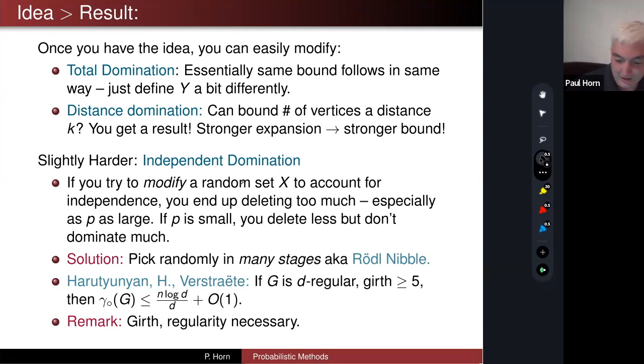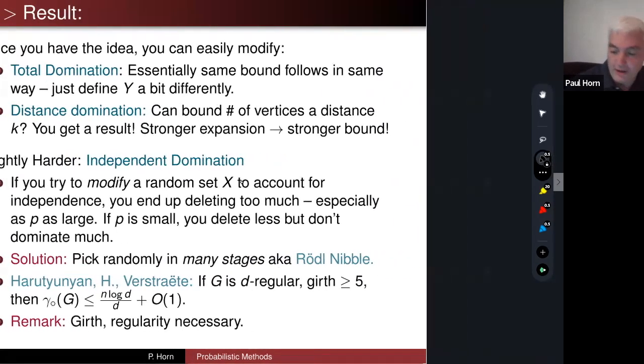So hiding under the surface here, there are a lot of other results. But nonetheless, this really simple mantra can be used to do quite a bit. And we'll see maybe another example or two in the problem session, just to see how, once we have the right idea, we can run with it.